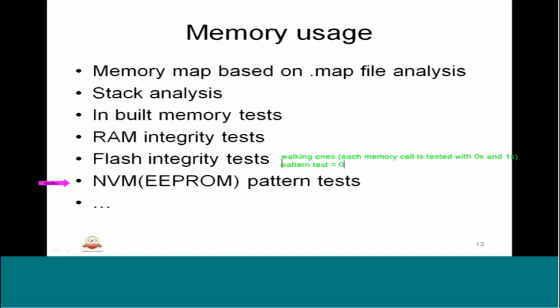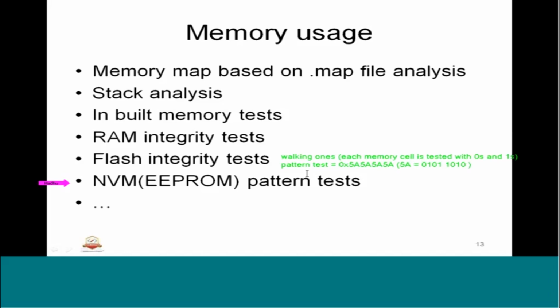Usually they use, if it is 16-bit, 5A, 5A, 5A, 5A. You can see why 5A it is. I'll write it down in binary. 5 is 0, 1, 0, 1, whereas A is 1, 0, 1, 0, which is 10.